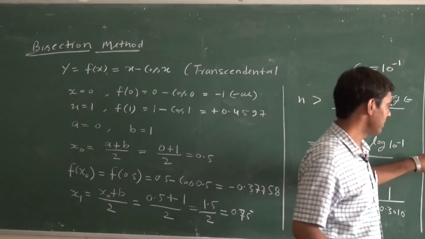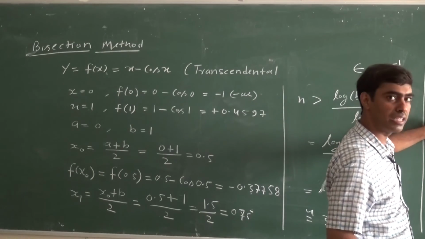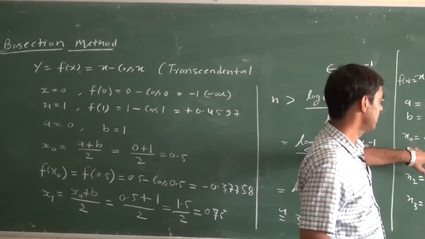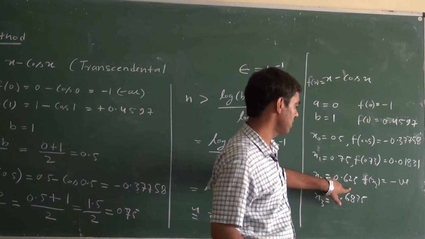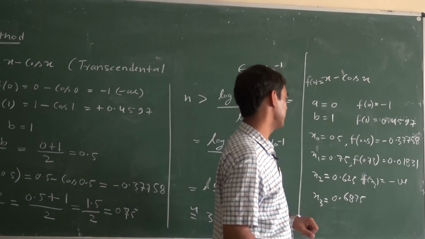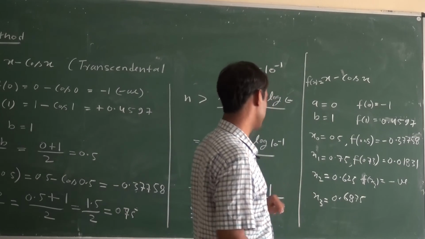If we closely observe the solution, this one is 0, this one is 1, this one is 0.5, this one is 0.75, this one is 0.625, 0.6875. So x0, x1, x2, x3.